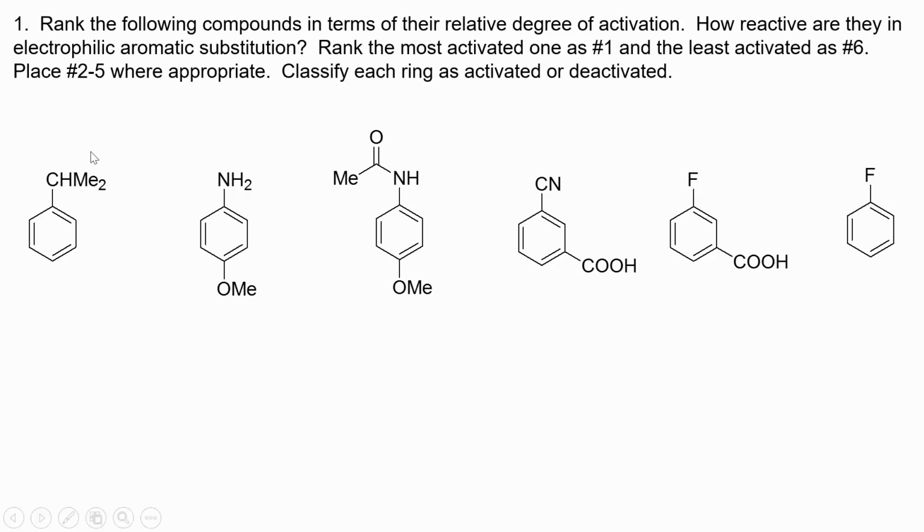Okay, if we look here, let's see, I need to set this up to have a pin function, sorry. Okay, so here we have an electron donating group. Here we have 2 electron donating groups. And here we also have 2 electron donating groups.